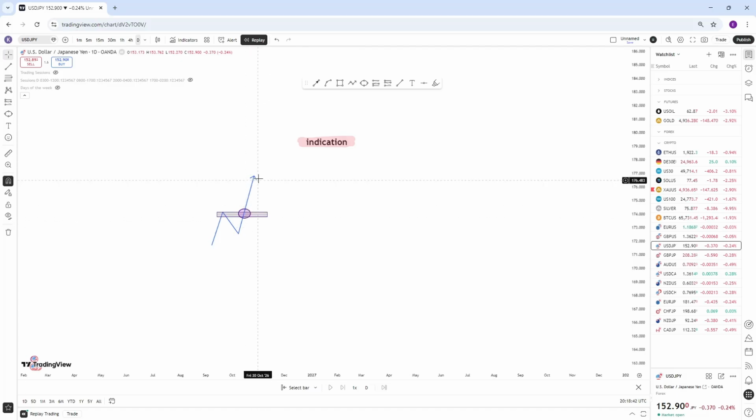This is an indication, right? A break above this previous resistance point. The candle should close above this resistance level for us to have an indication to the upside. This is called a bullish indication.